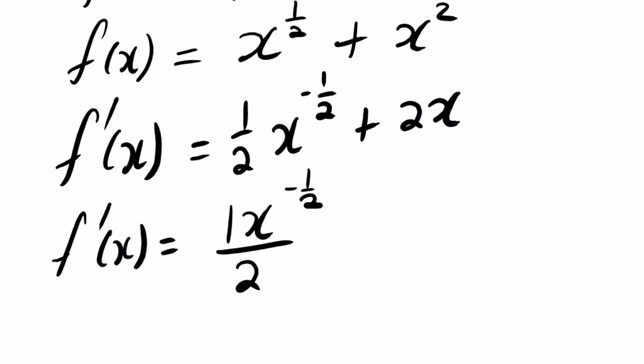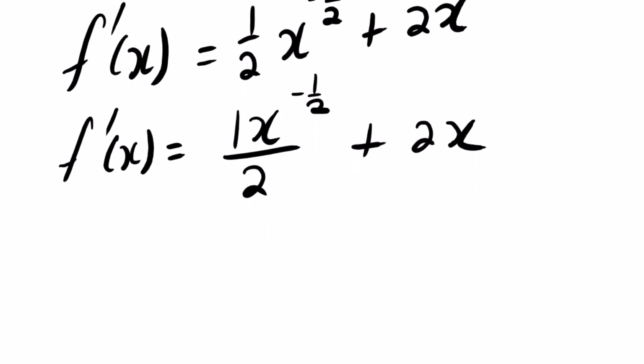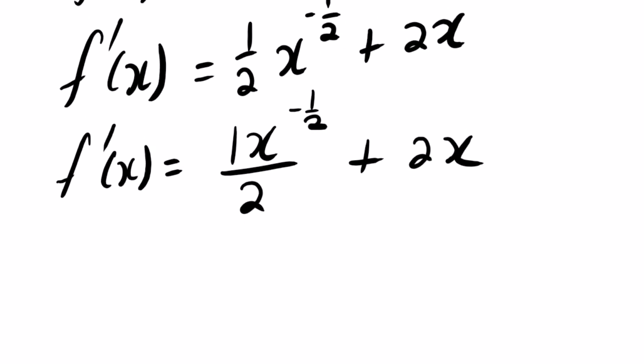Remember the trick I showed you earlier in this lesson video. Now in this case, we need to take this to the denominator level in order to have a positive exponent.